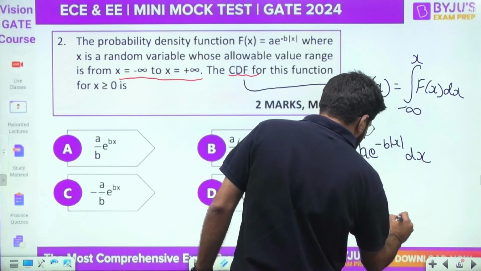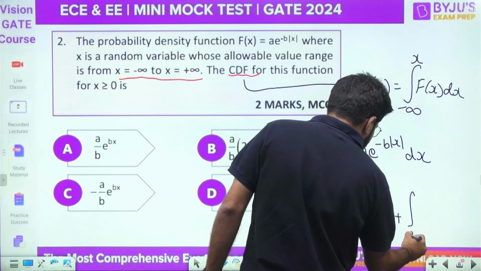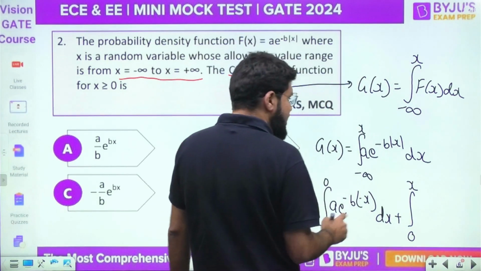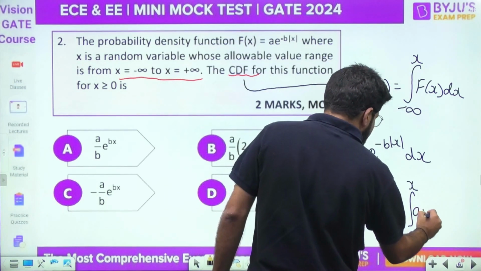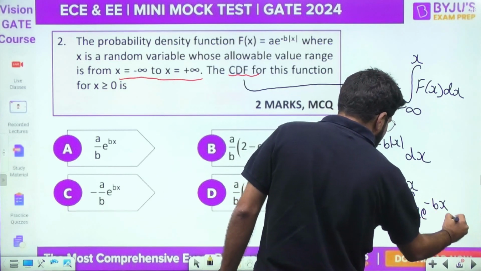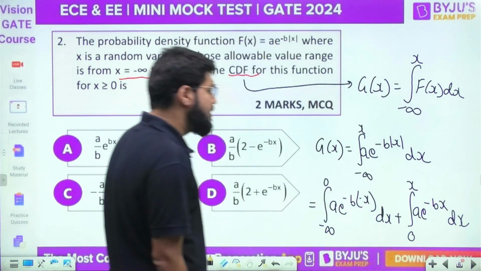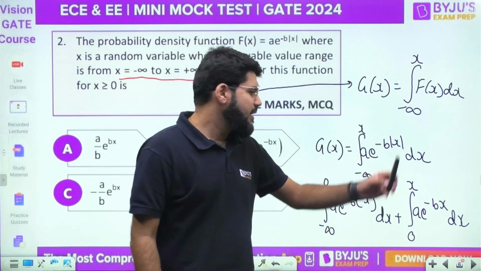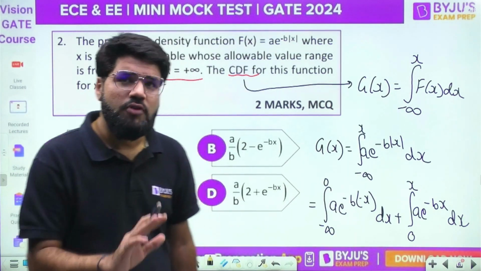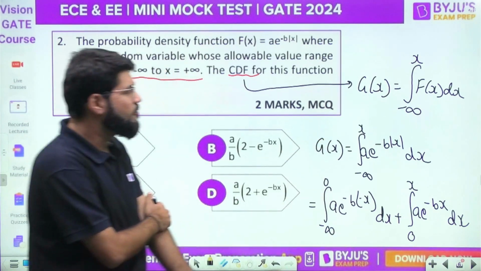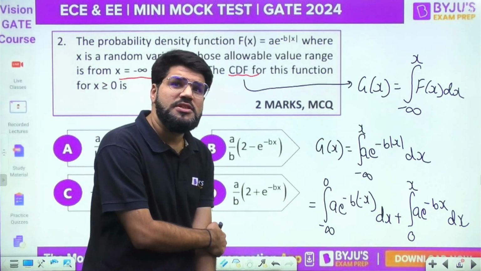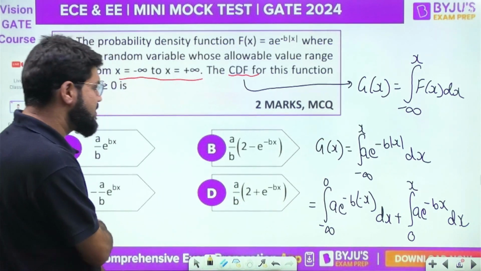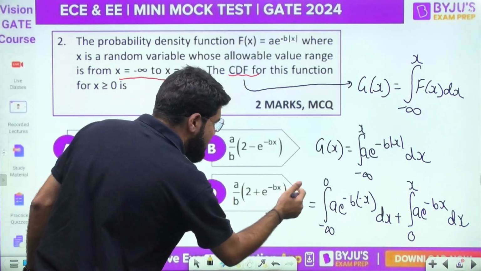Plus the integral from 0 to x of a e raised to the power minus bx. So we are treating it for all values of x. Of course I have treated x as positive here. If x is not positive, can something still happen? We can discuss that. First let me complete this integration.